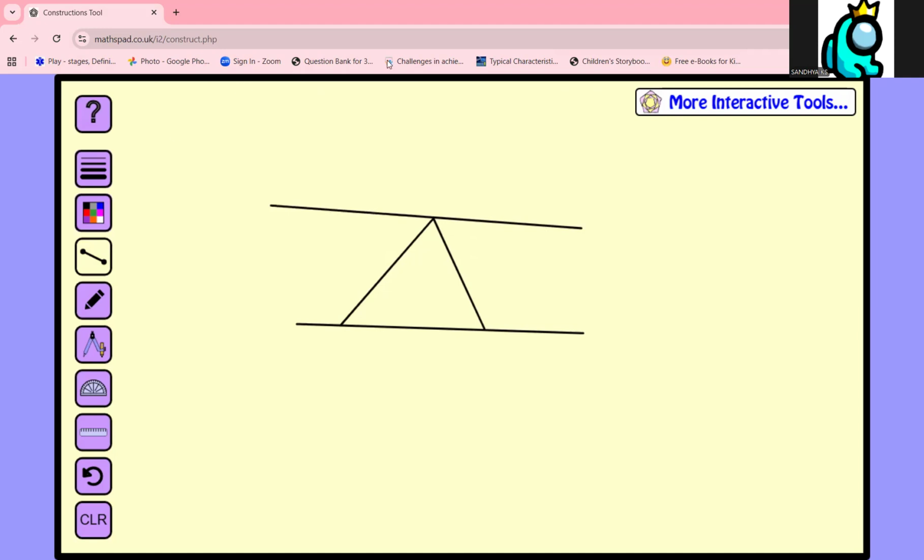So here A, B, C, D are parallel lines. Here one angle is given as 60 degrees at M. So angle AMC equals 60 degrees. Okay, so find the possible angles here.